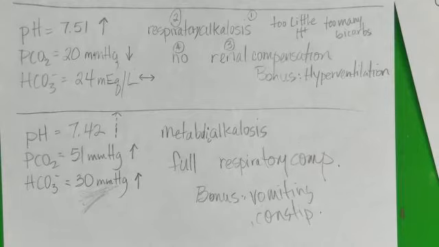Yes, because I'm vomiting at the same time as I'm having diarrhea. So there can be weird stuff like that where you get funky numbers. And then let's say that you already had emphysema and then you had super bad diarrhea. Now you're in respiratory acidosis and metabolic alkalosis at the same time.